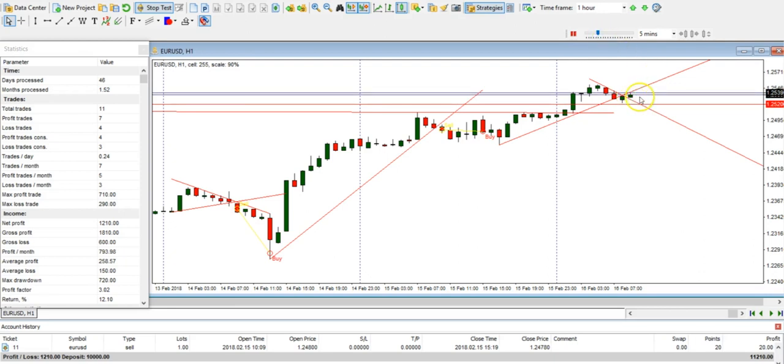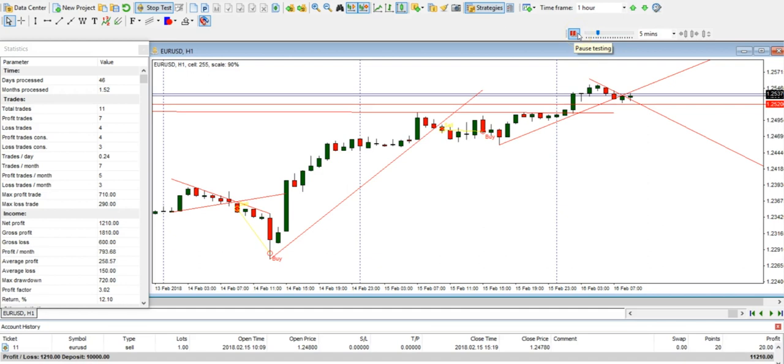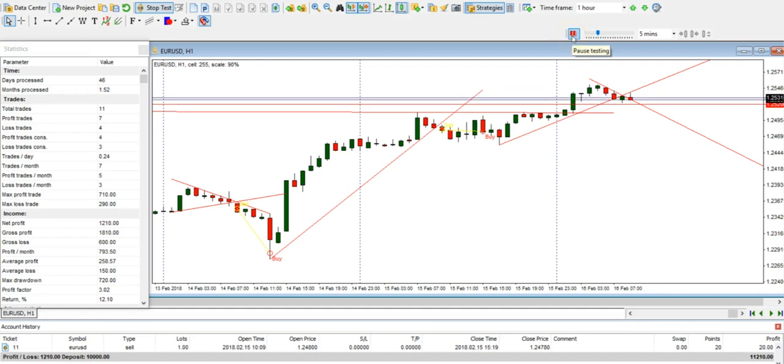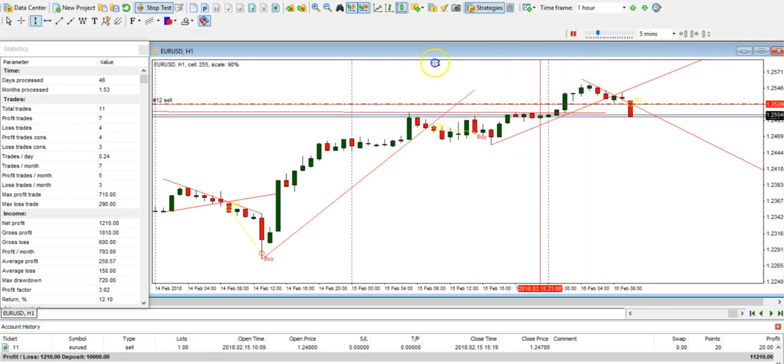We have the buy penetration in this candle. There we go. It's a sell trade, and our exit is up here.